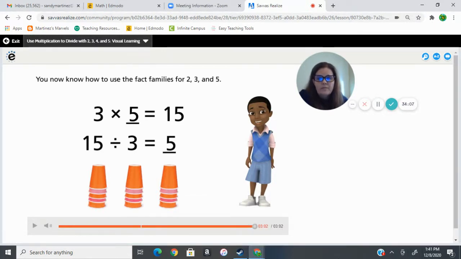So please make sure your homework is done today, and then make sure you go into your interactive notebook and check your fact wheels that we did yesterday, and make sure you have the correct answer. And then tomorrow we will be correcting 4.2 and doing some more in our math interactive notebook.